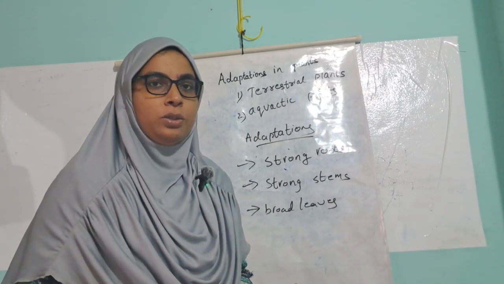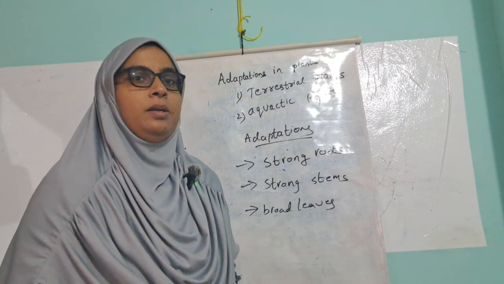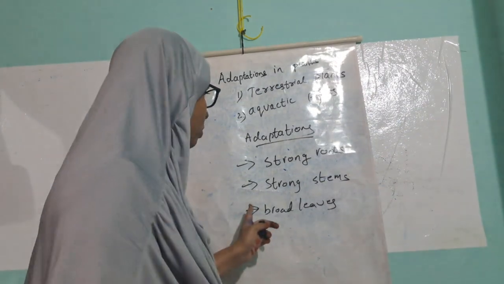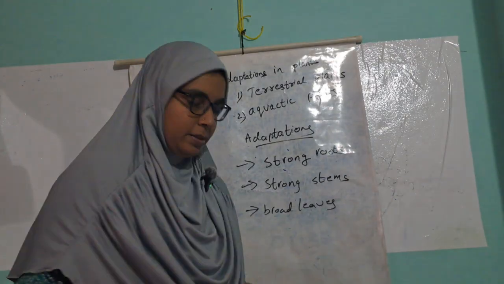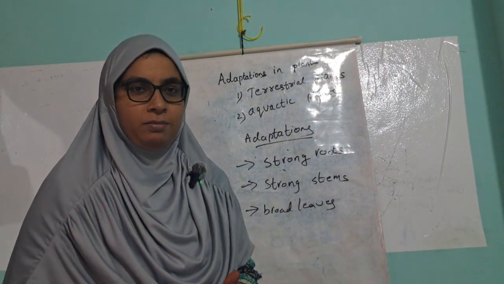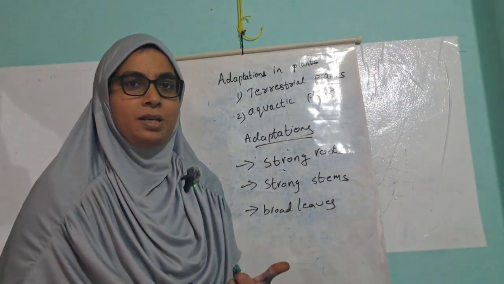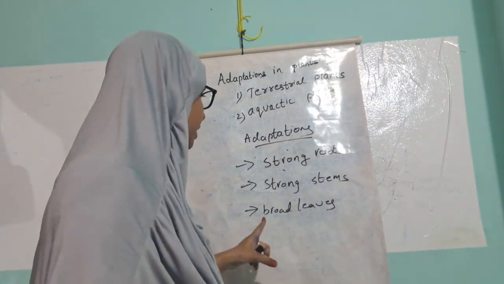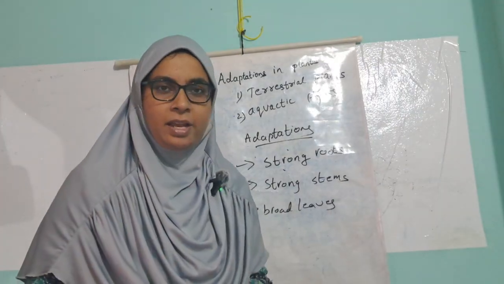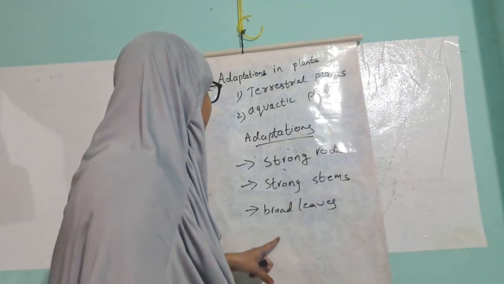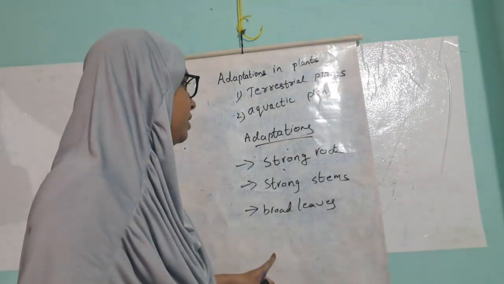These strong roots fix firmly in the soil even in extreme conditions. And they have strong stems that support the plant body. And they have broad leaves that help in photosynthesis. So terrestrial plants have these three characteristics.